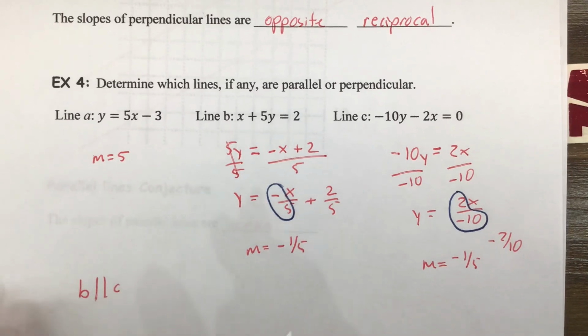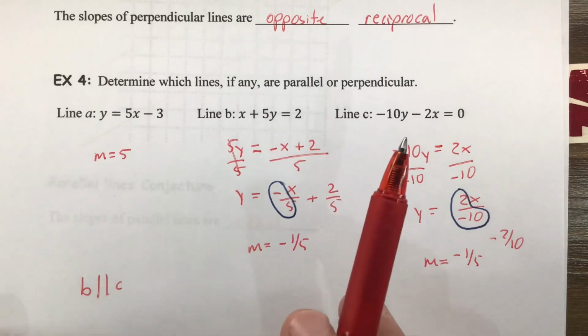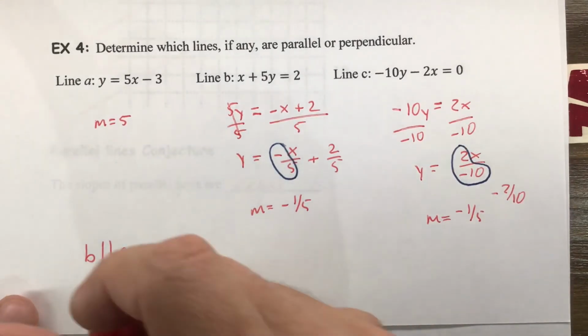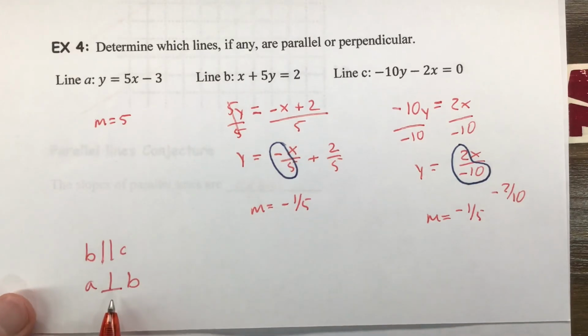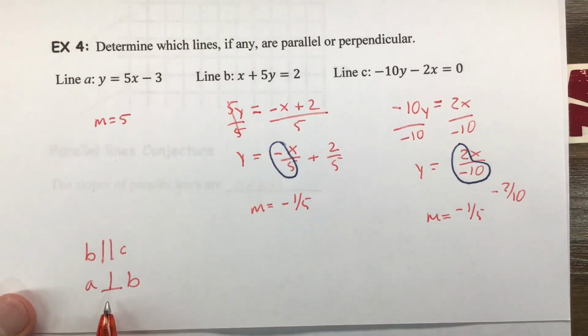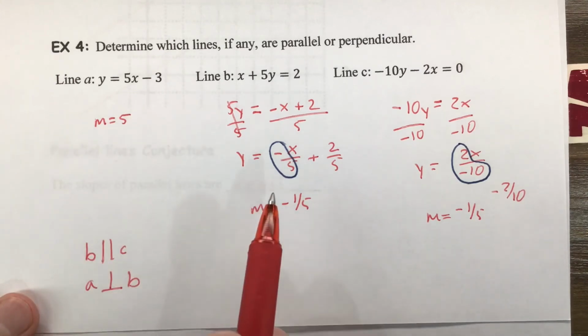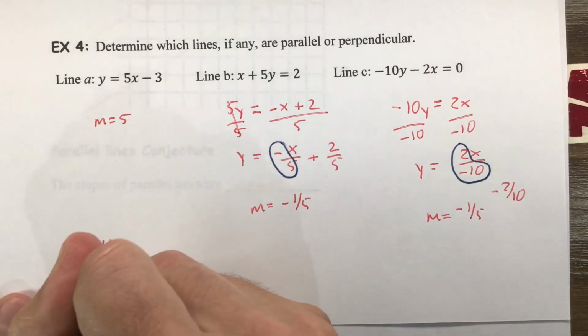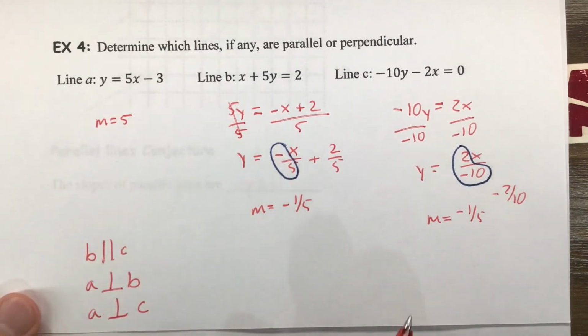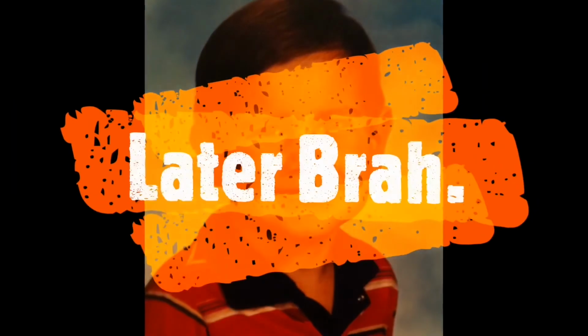So it ends up that this is actually perpendicular to A. So A is perpendicular to B. That's the symbol for perpendicular. Again, it looks exactly like what it would be, like a little right angle shape. But if A is perpendicular to B and B is parallel to C, then A must also be perpendicular to C.